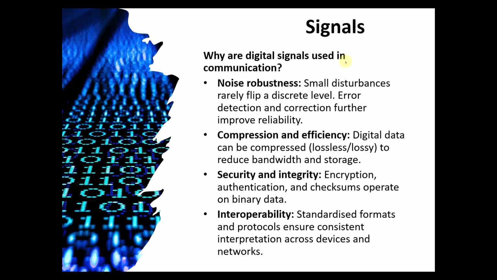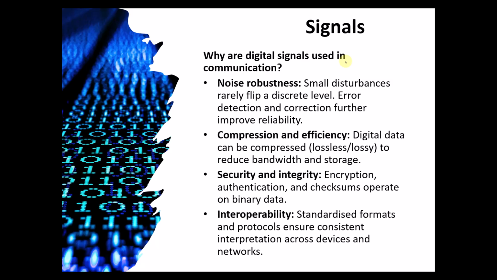Why are digital signals used in communication? One is noise robustness. Because noise is analog, and then we try to convert an analog signal to a digital signal. With error detection and correction, it has become easier to remove noise from digital signals.